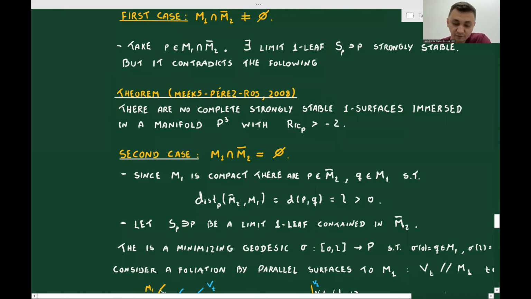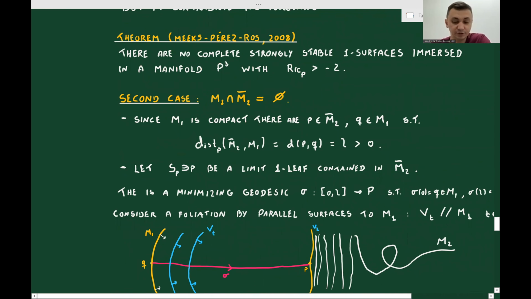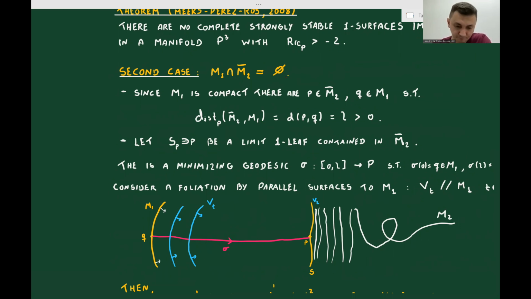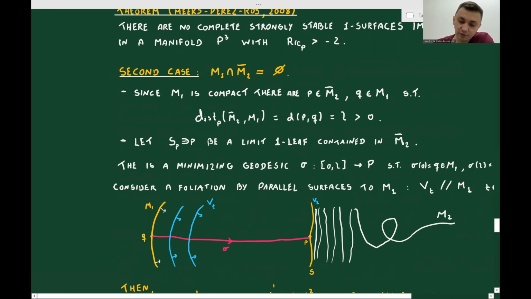In the second case, M1 does not intersect the closure of M2. Since M1 is compact, there are P in the closure of M2 and Q inside M1 such that they realize the distance between the closure of M2 and M1. Since the intersection is empty, the distance is positive. We consider again SP as a limit minimal leaf contained in the closure of M2.